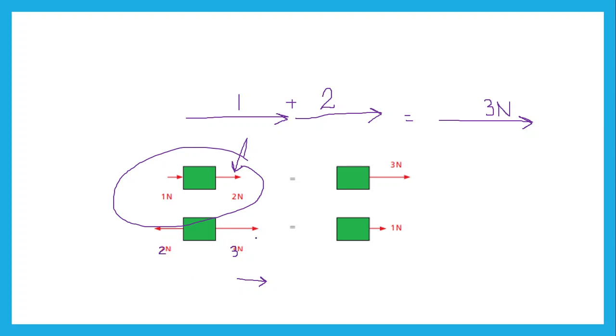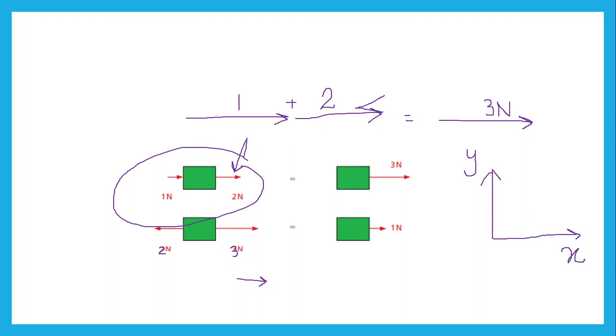Now, what happens is that you add these two forces again. But how exactly do you do that? Okay, what you do is that you take conventions. In this case, this is the axis that we are talking about. So this is the y-axis and this is the x-axis.